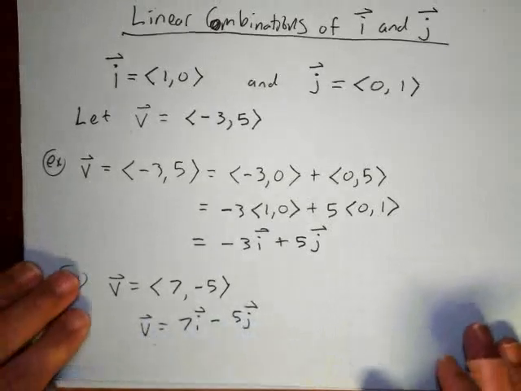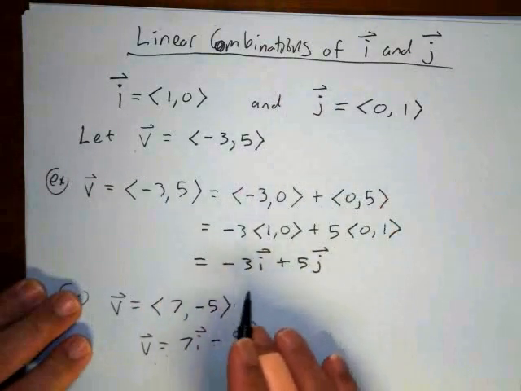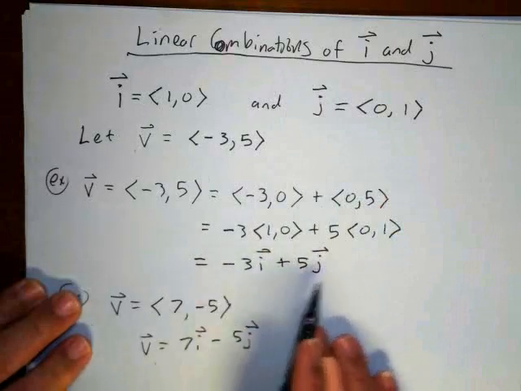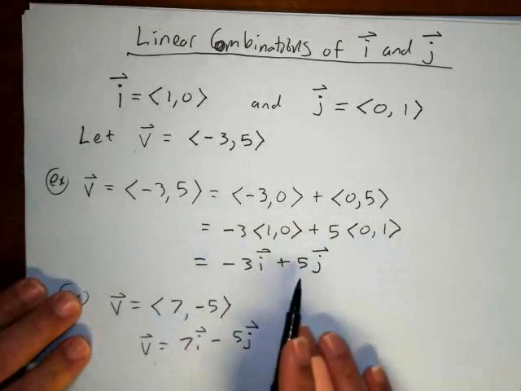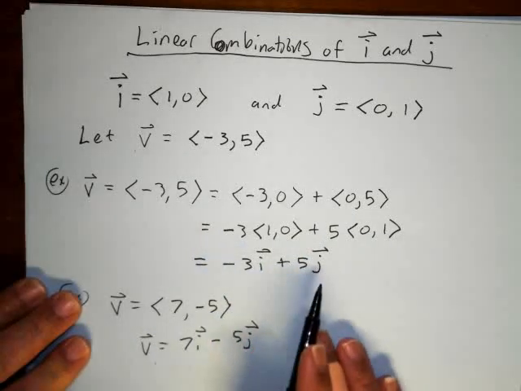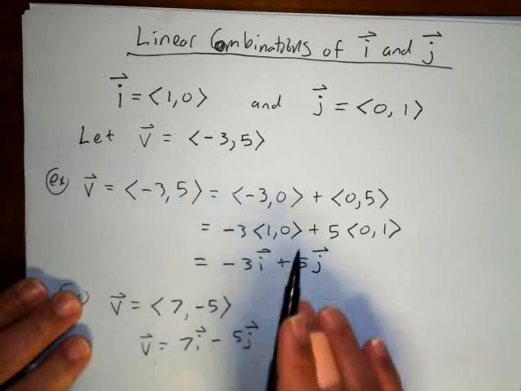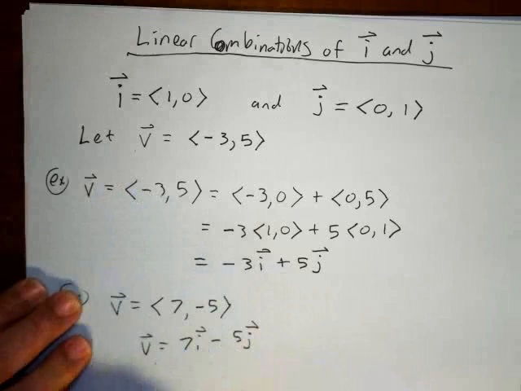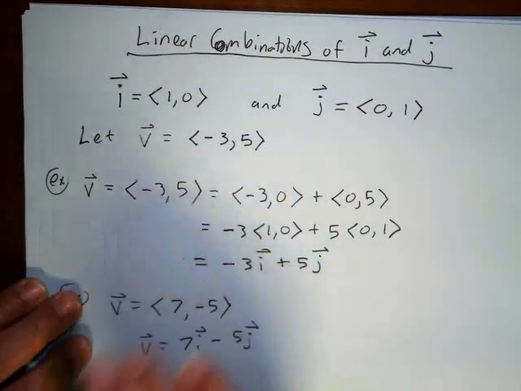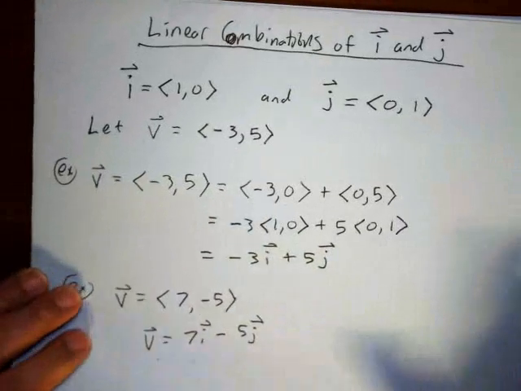The idea of a linear combination is just when you have a sum of vectors with scalar products on them, and they call that a linear combination. So basically this is saying any vector can be written as a linear combination of i and j, where the scalars are the components of the vector.